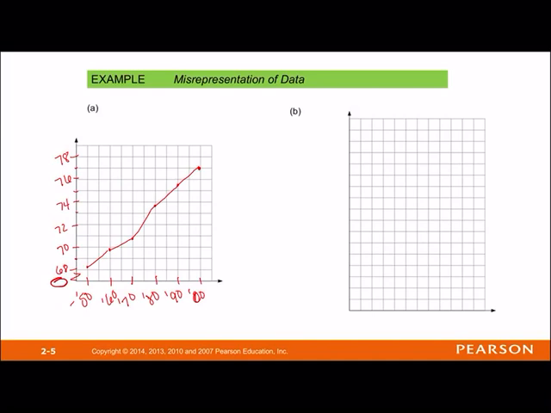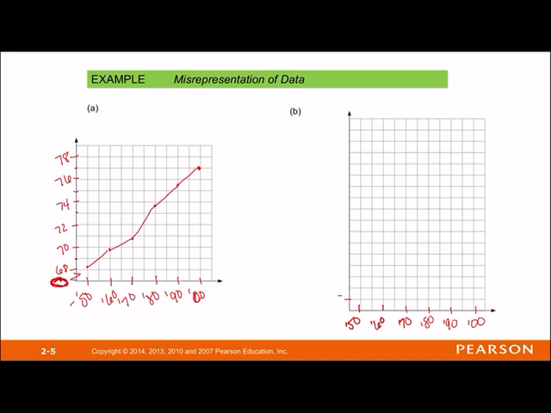So again, on the bottom across my x-axis, we're still going to make that the year, and I'll do it the same exact way. So 50, 60, 70, 80, 90, and 2000. But this time I'm going to count by 5. So I'm going to include everything that I skipped over here.